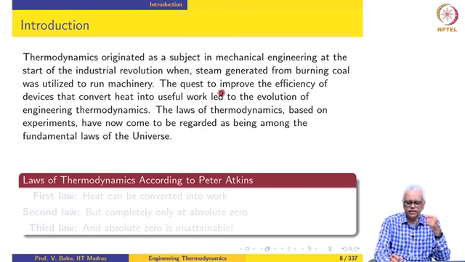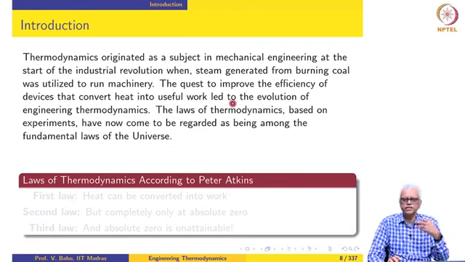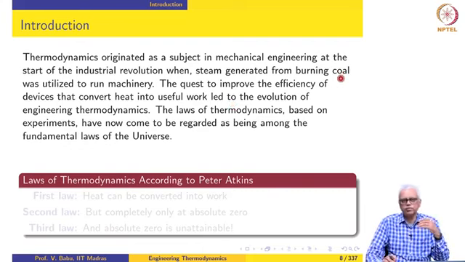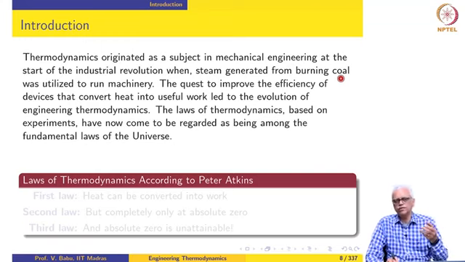And since that time, engineers, especially mechanical engineers, are always looking at the efficiency of the device. Basically, the expectation is that I burn a certain amount of coal, let us say 1 kilogram of coal, and I know the calorific value of the coal.